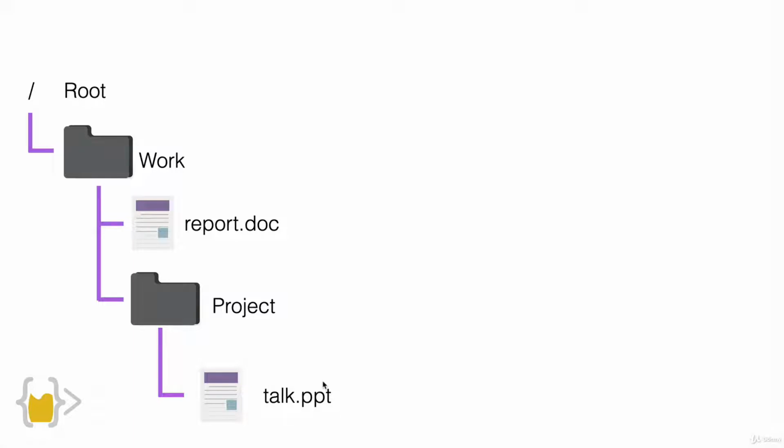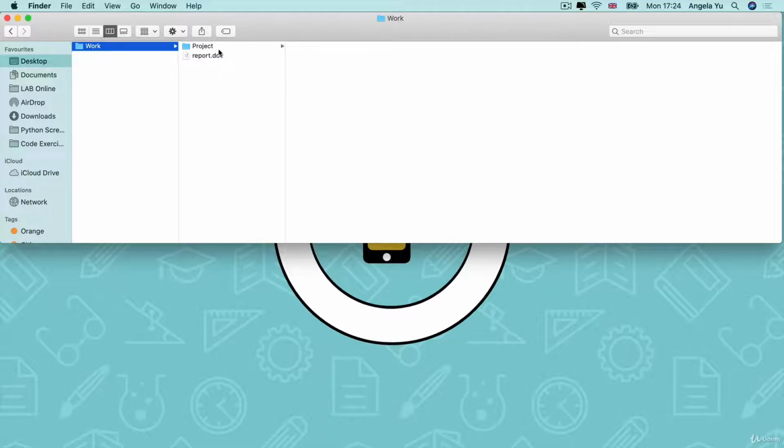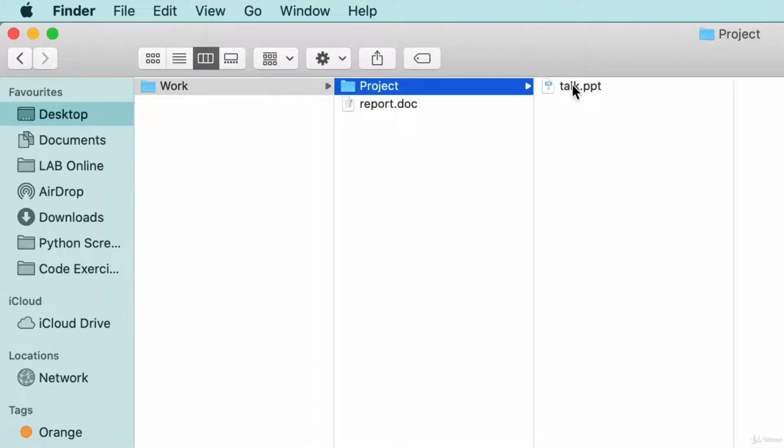Taking this talk.ppt, we know that the absolute file path is /work/project/talk.ppt. But what if we were actually inside this project folder? So let's say that at the time when we're trying to get to this talk.ppt, we're actually right here.